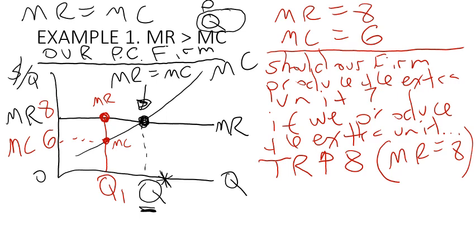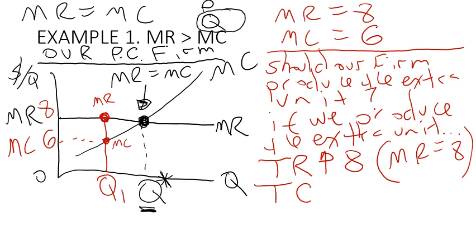$8. Now we cannot ignore the other part of this analysis, and that's total cost. Because if we produce and sell this extra unit, this will affect total revenues.